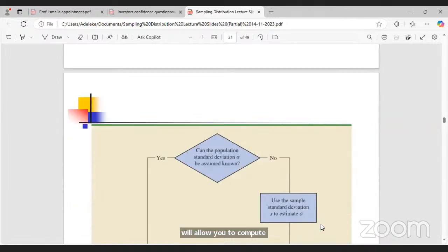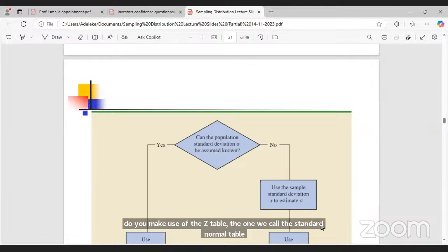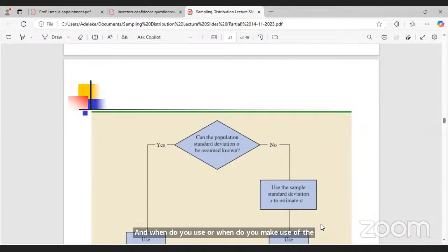Now look at this flow chart. It explains everything about estimation. Now, when do you make use of the Z table, the one we call the standard normal table, and when do you make use of the T table, the one I call the student T table?